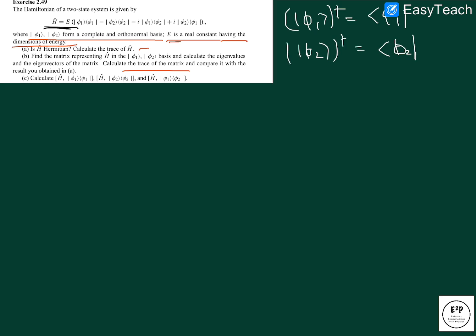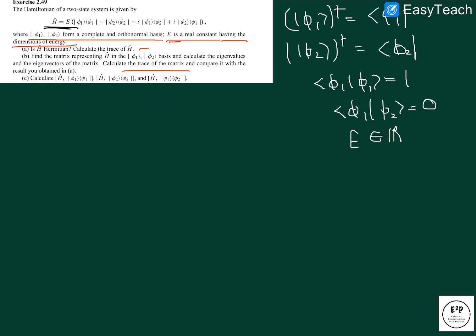Since they are orthonormal, bra phi 1 ket phi 1 is equal to 1, bra phi 1 ket phi 2 is equal to 0, and E belongs to the reals.